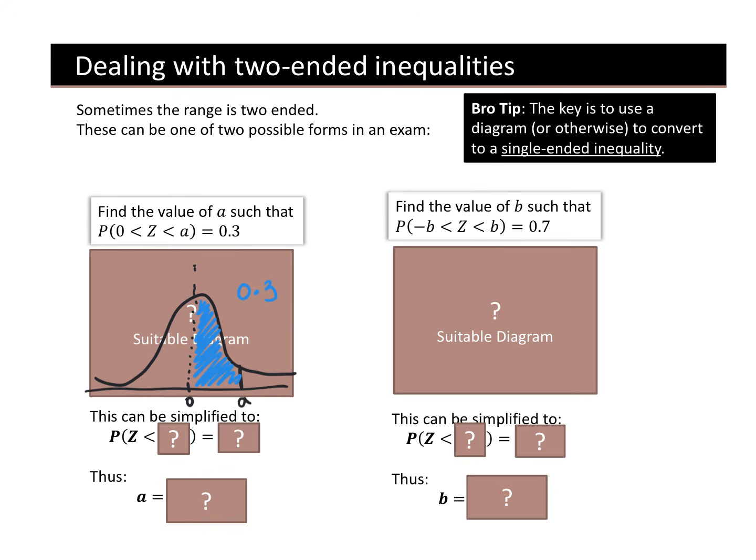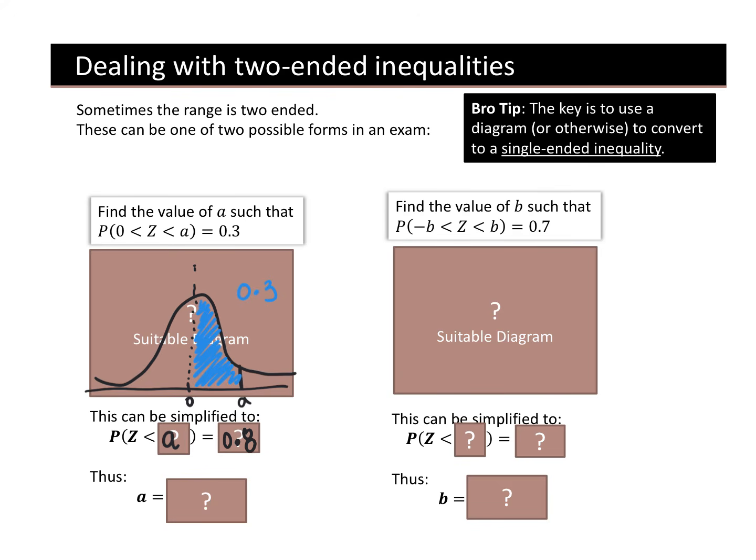We are going to look at the probability of Z being less than A, which is going to equal what? Even though we want this bit, because this is 0.3, we know this is symmetrical and all of the left-hand side is a half. A half plus 0.3 is 0.8.